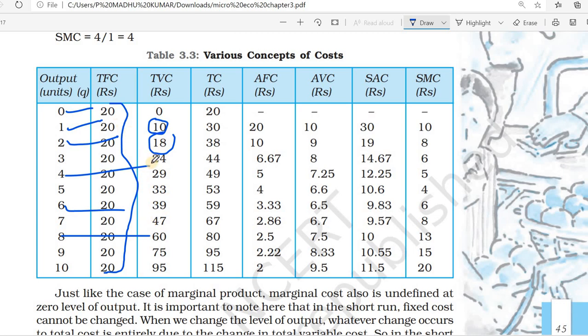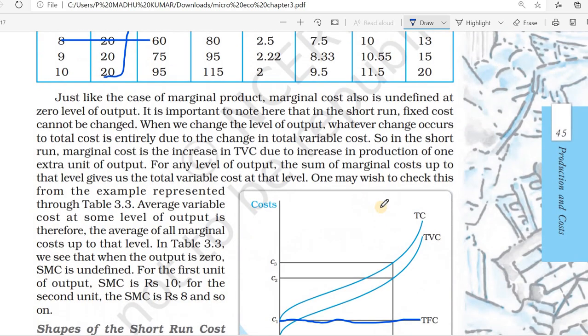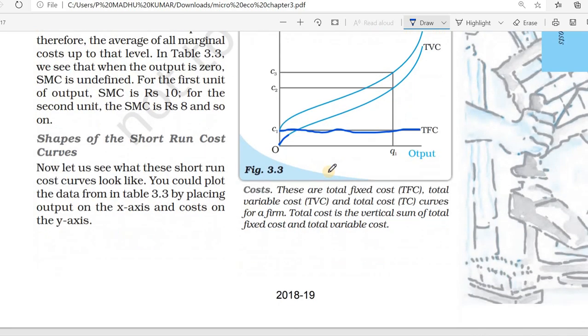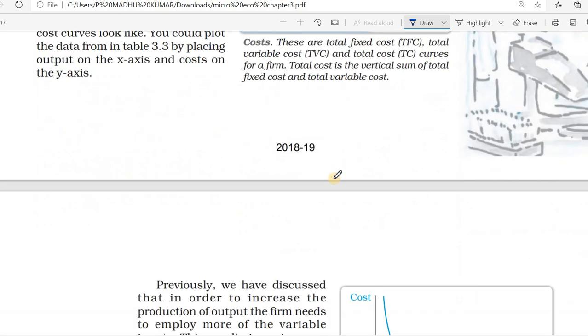Normally when production increases, we will increase the variable factor also. Here it is 24, here it is 29, here it is 33. Like that we are increasing the factors. That is the reason this curve is an increasing curve. Its slope is upward sloping.